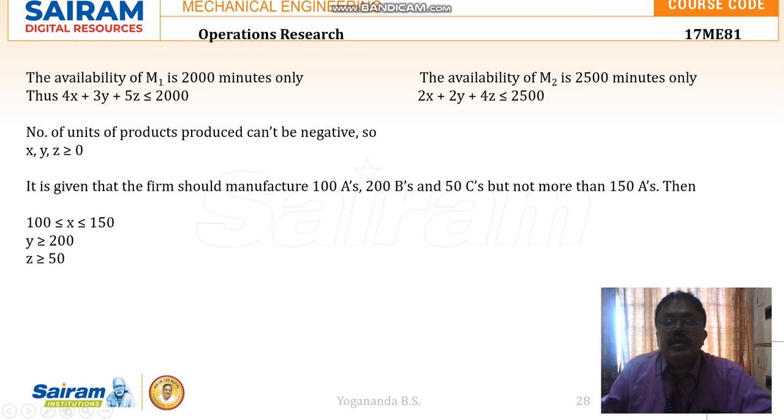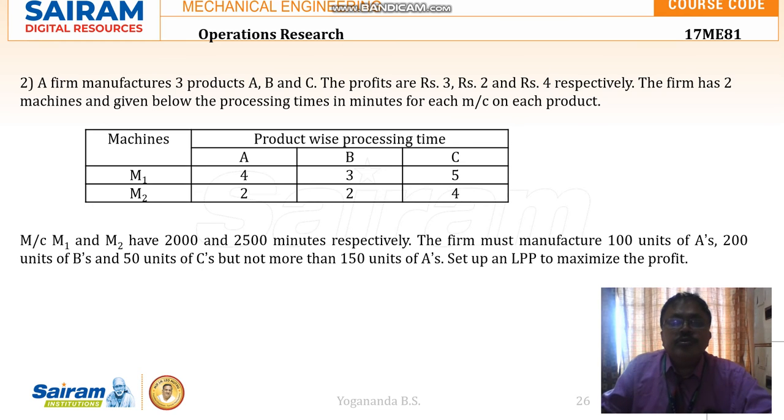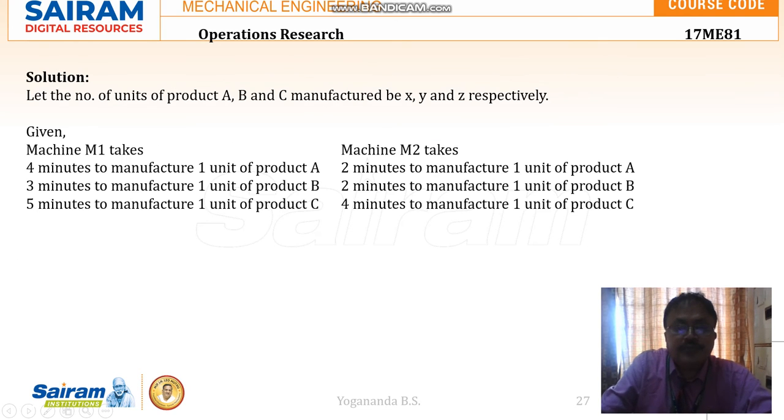Similarly, coming to machine M2, it is 2, 2 and 4 for each unit of product A, B, and C. So for 1 unit of A, 2 minutes; for X units, it is 2X. Similarly, 1 unit of B is 2 minutes; for Y units, it is 2Y.